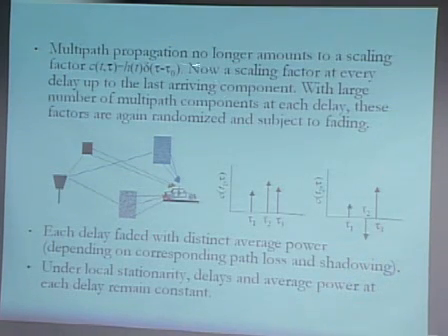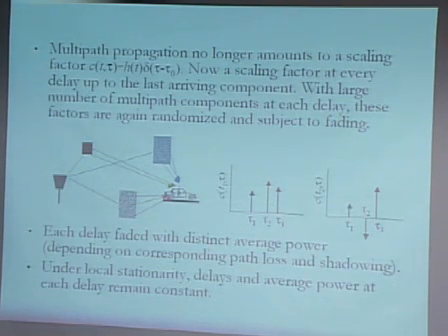We have a multiplying factor at every delay up to the last arriving component. This is the impulse response. Instead of just one delay fading over time, now it's going to be a multiplicity of delays.